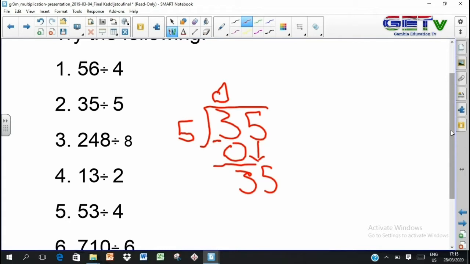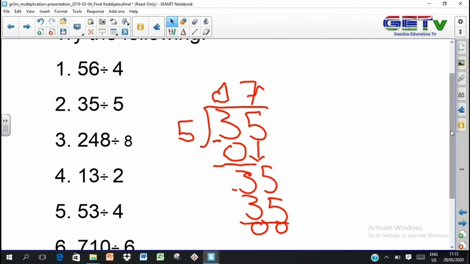Now we have 35 divided by 5, which is 7. 7 times 5 is 35. And 35 minus 35 is 0. So 35 divided by 5 is 7, because the first 0 there is not significant.